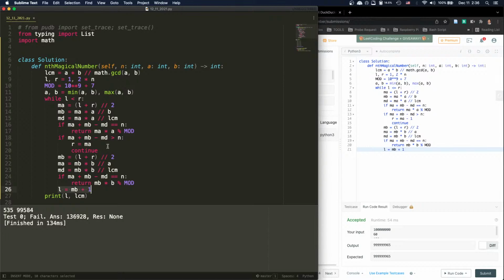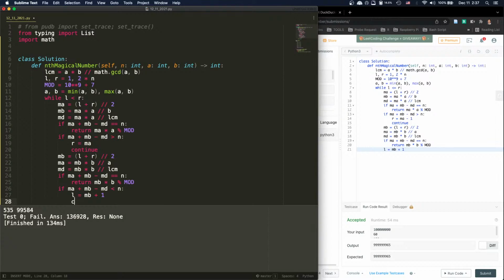So what we do is we need to decrease from this value. What I'm saying is I'm going to add another condition. So if both of them are smaller, that means it's too small. Then we're going to go bigger, and we're going to continue.